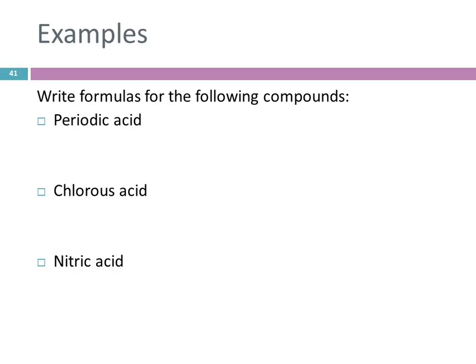These ternary oxyacids do not. None of these start with hydro. This isn't hydrochlorous acid or hydronitric acid or something. There's no hydro. So we're going to take the name and go backwards with the ic-ate thing. We're going to change ic back to ate to find out what this ion was.